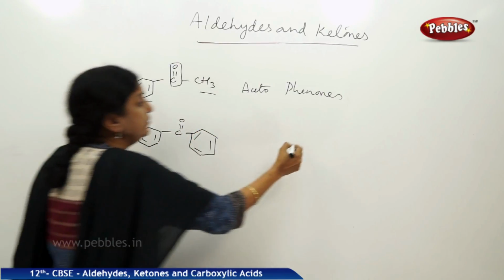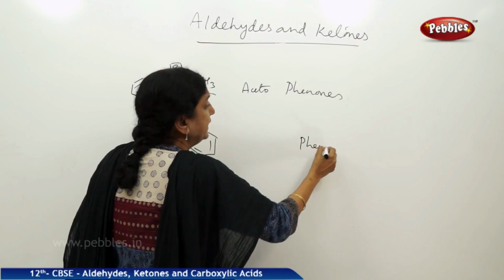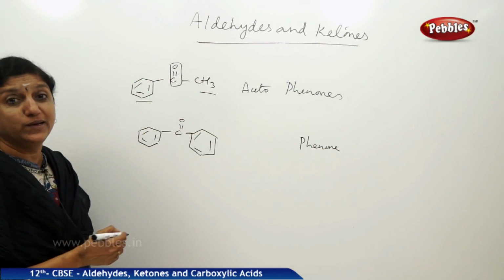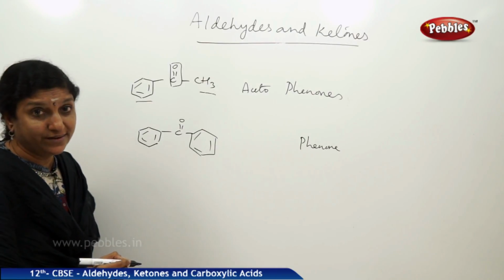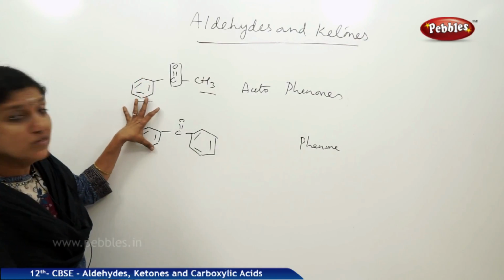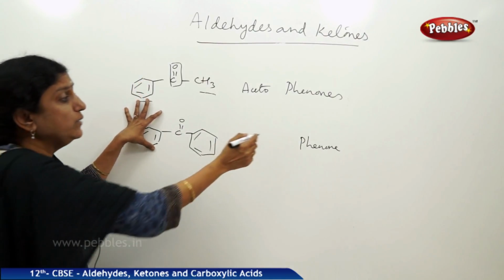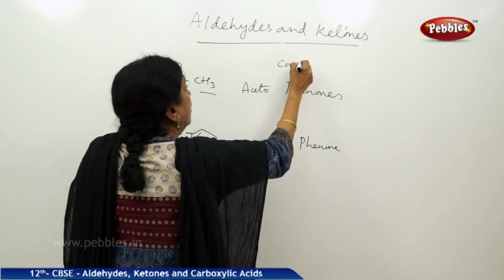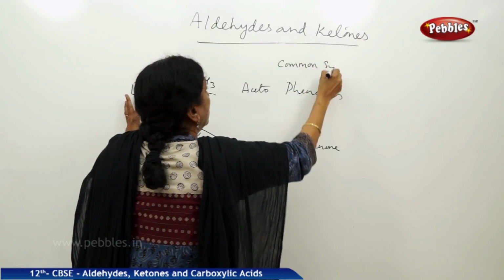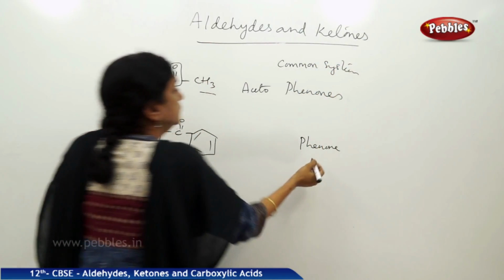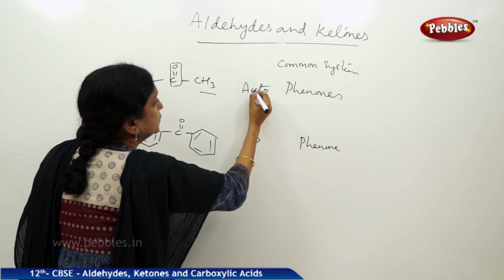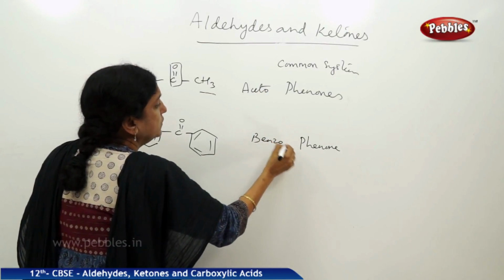So the ending phenone always indicates that one of the alkyl groups in that particular ketone is a benzene ring. So when one of the substituents is a benzene ring, the name always ends with phenone. This is the common system of naming. So this is called benzophenone. This is acetophenone and this is benzophenone.